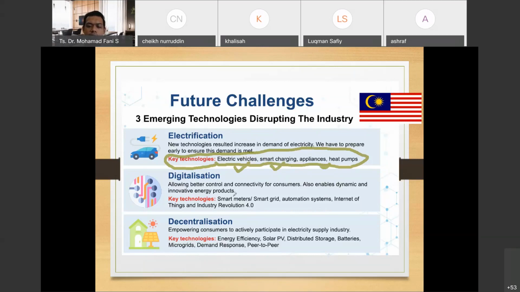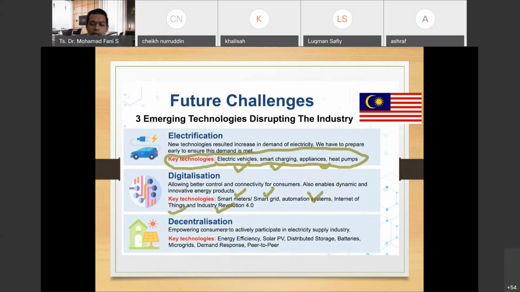For digitalization, smart meters, you must understand smart grid, automation systems, IoT, Industrial Revolution 4.0. And if you are doing tariff design, it's good to have knowledge on how load will be managed, etc.